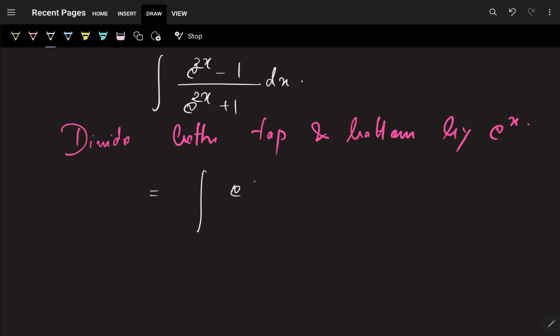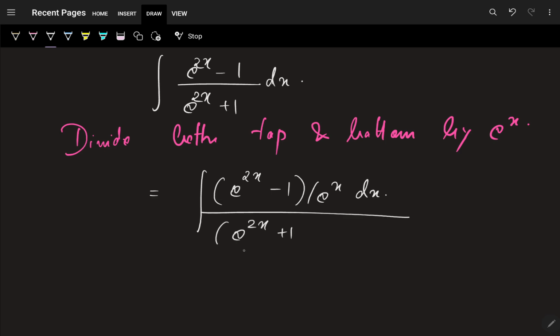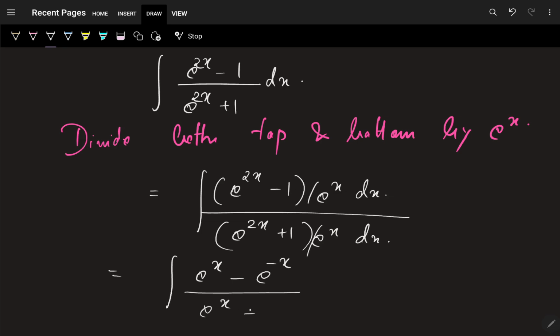So this is e to the power 2x minus 1 upon e to the power x, and e to the power 2x plus 1 upon e to the power x dx. So this is e to the power x minus e to the power minus x divided by e to the power x plus e to the power minus x dx.